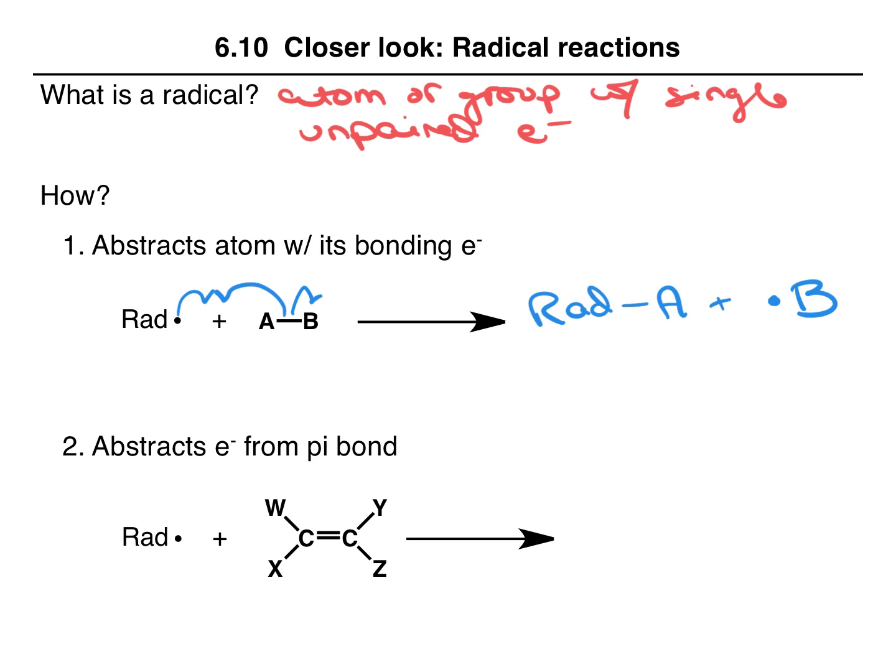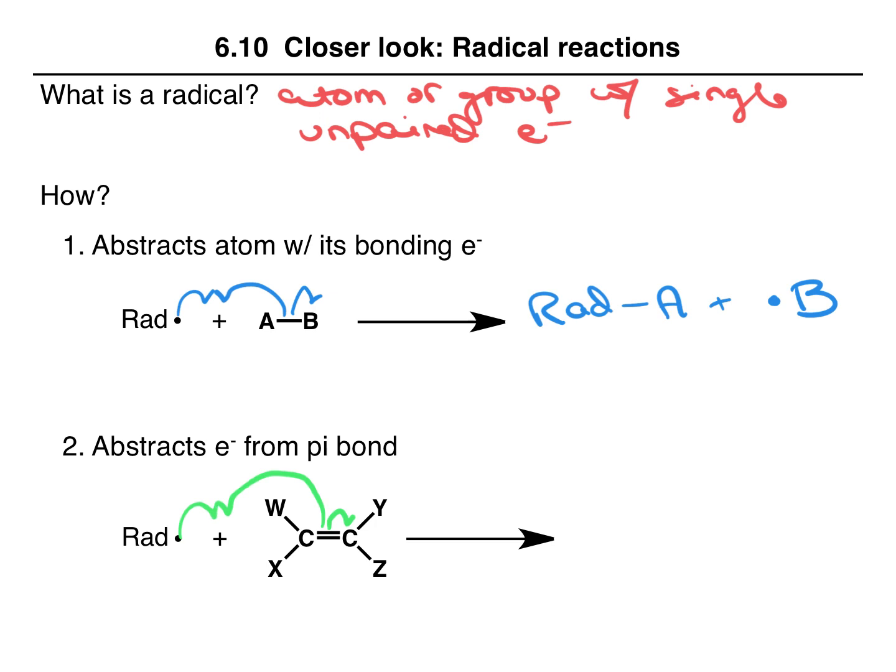Another way that a radical can get an extra electron is by abstracting electrons from a pi bond. So this radical can take one of the electrons from the pi bond, but these electrons still remain associated with the carbons. So for example, one of these electrons can stay on this carbon, the other one can come over here and combine with the radical.